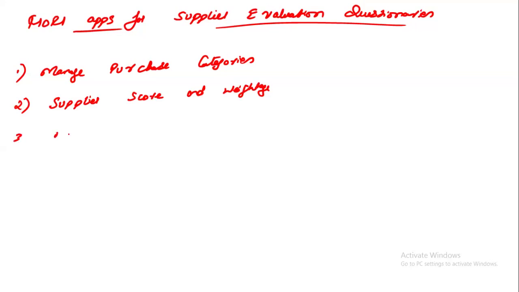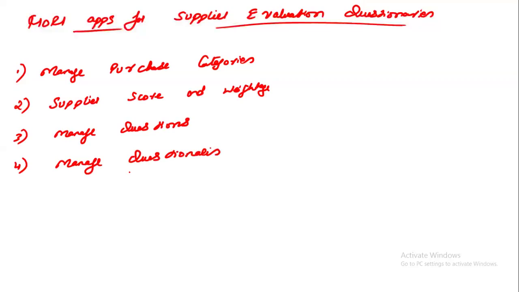Then we need to create the questions. Then we have Manage Questionnaires. Questionnaires are nothing but a question bank. We create the questions individually, and then we combine all the questions into one questionnaire.